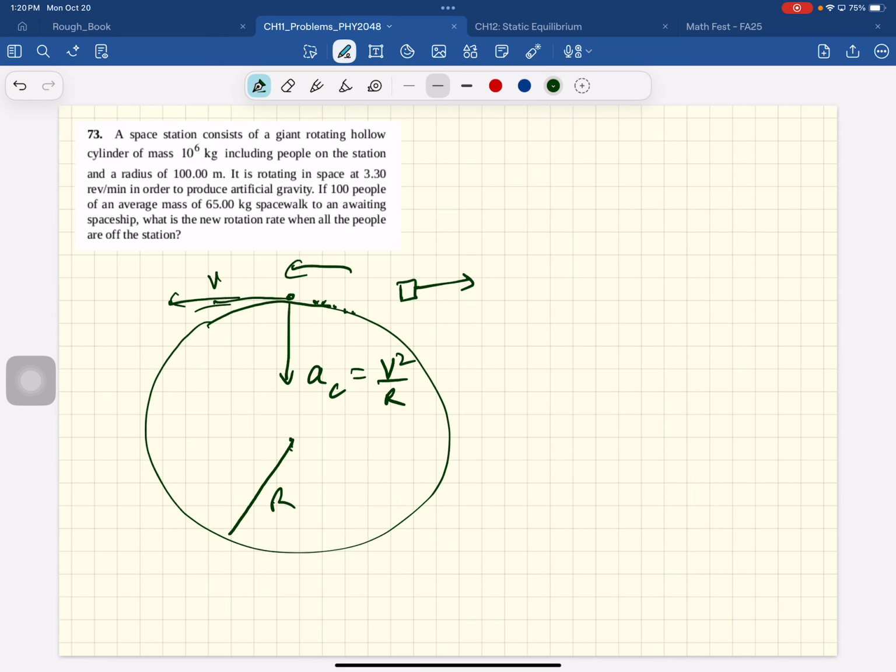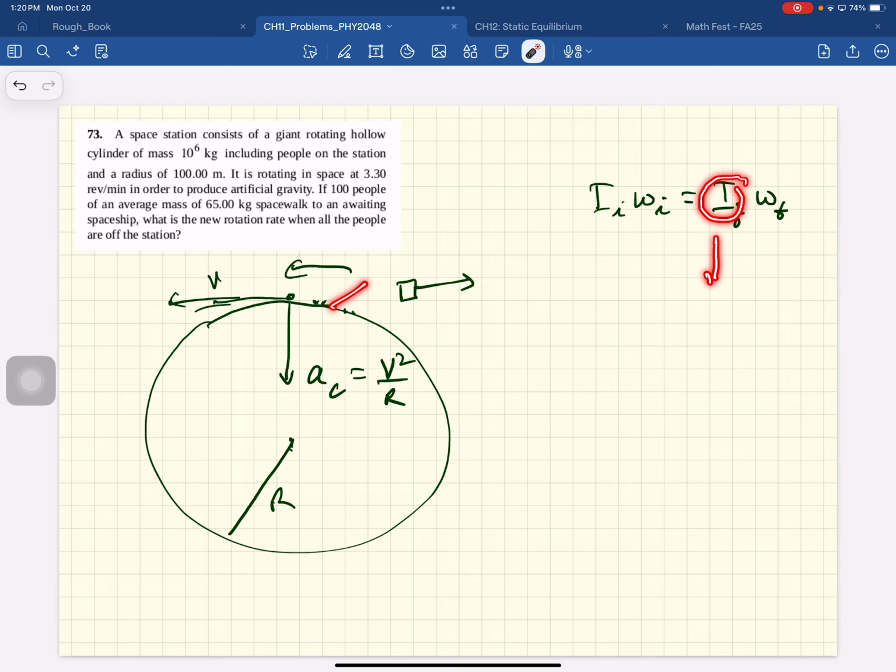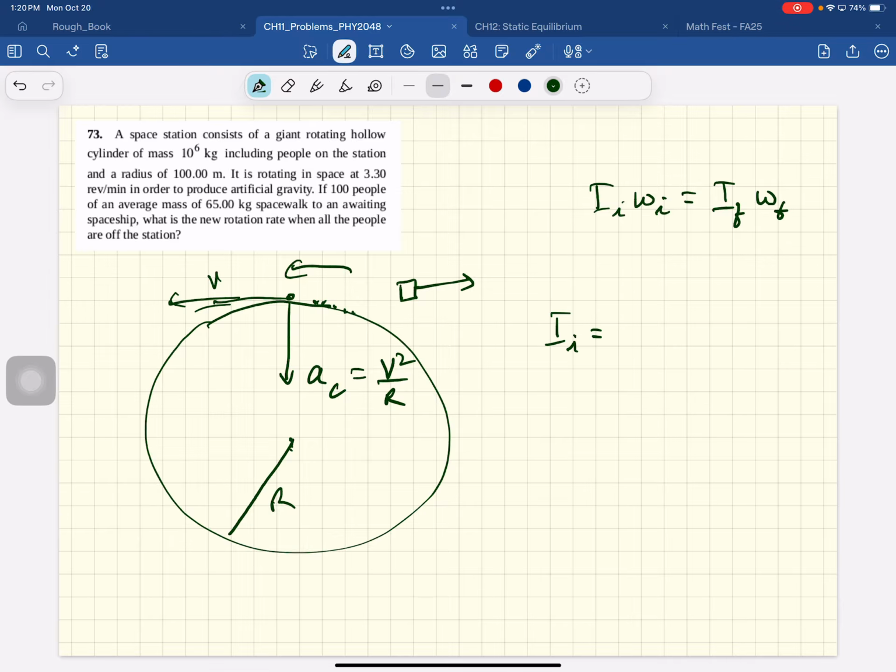So this is a conservation of angular momentum problem. When you lose all this mass, your moment of inertia is decreased, and so now you'll be spinning faster. All right, so the initial angular momentum is the moment of inertia of the space station plus the moment of inertia of the people.